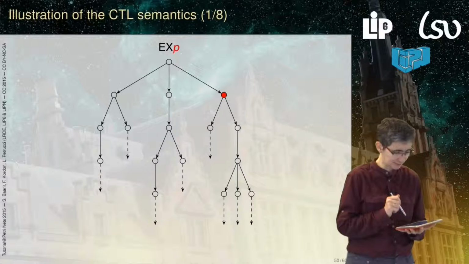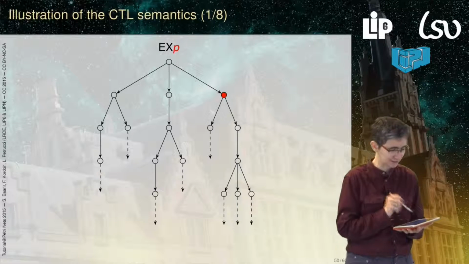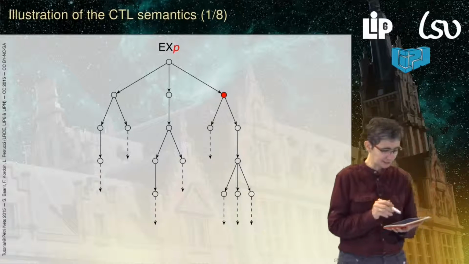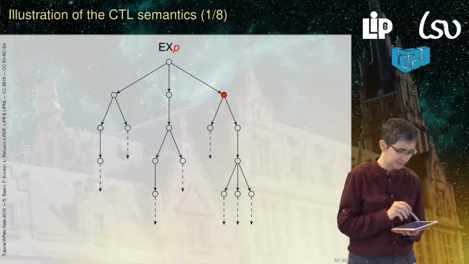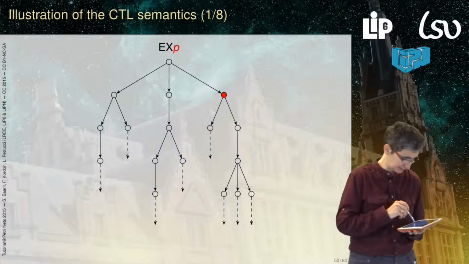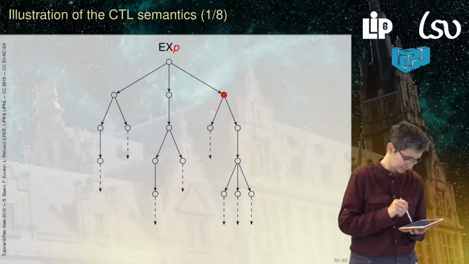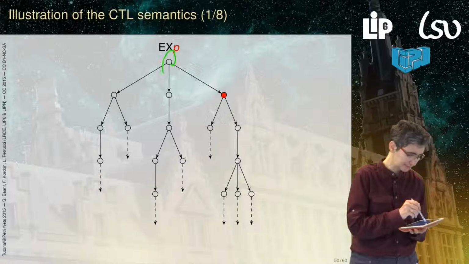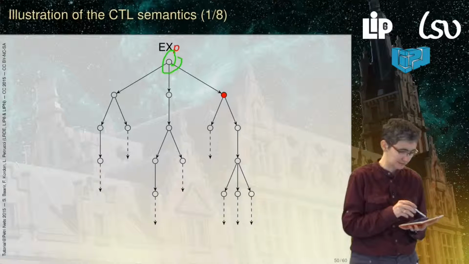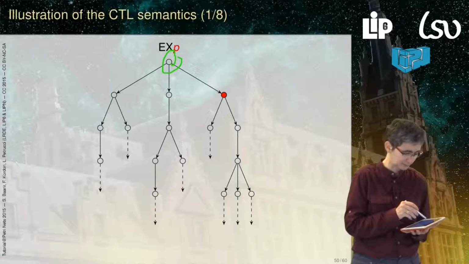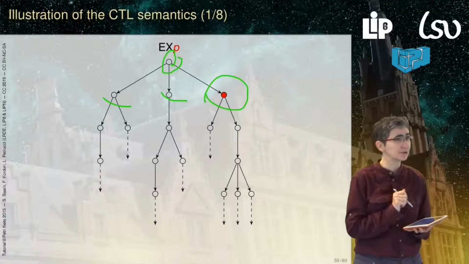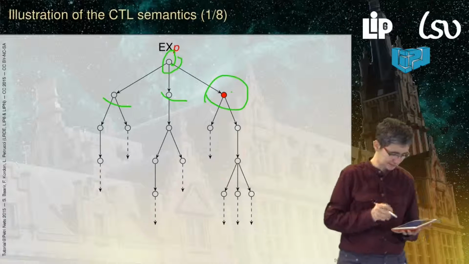So here the red dot satisfies formula P. The formula EX p states that there exists a next state that satisfies P. So I'm in the initial state here, and I want to check that there exists one of the next states that satisfies P. This one doesn't, but this one does, and therefore the CTL formula EX p is satisfied.